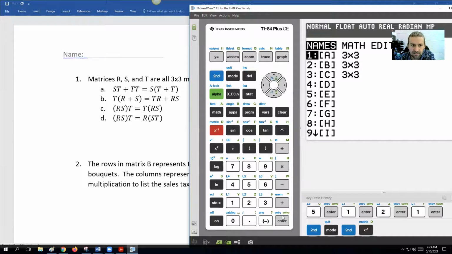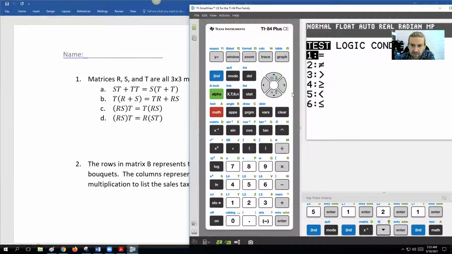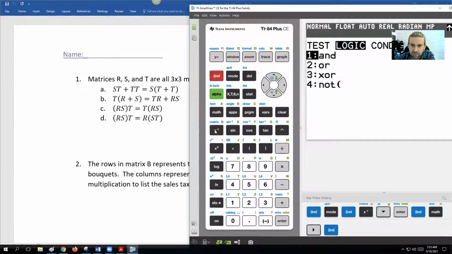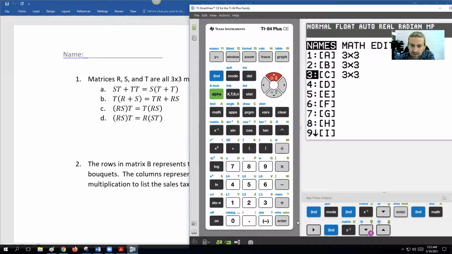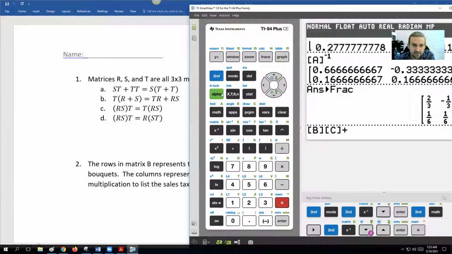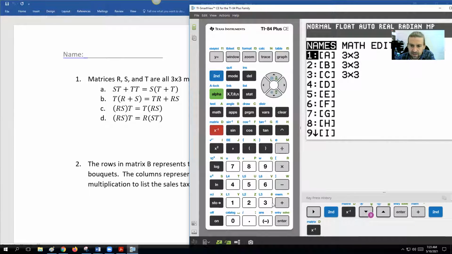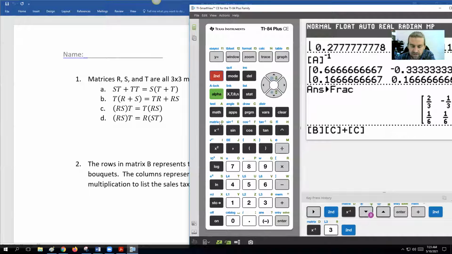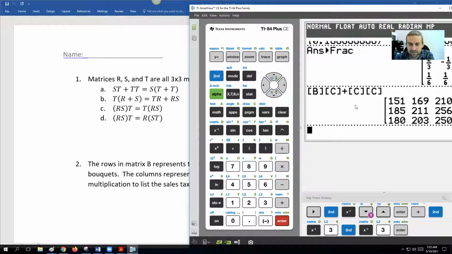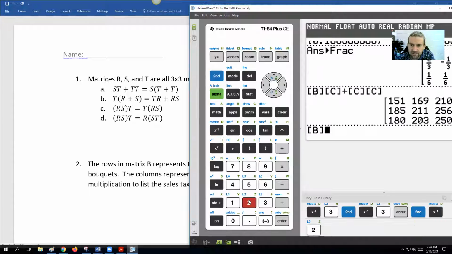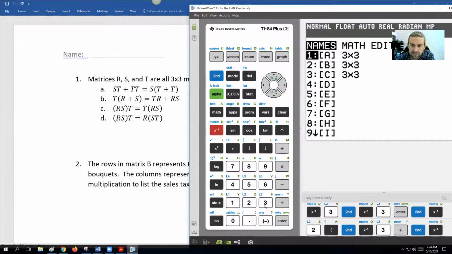Now it takes a second here. Let's say matrix S is matrix B, so it's matrix B times matrix C plus matrix C times matrix C. Okay, we get this answer here. I don't need to write this down, I'm just going to leave it in the calculator. What I'm going to do now is second matrix, is that the same as matrix B times parenthesis matrix C plus matrix C?